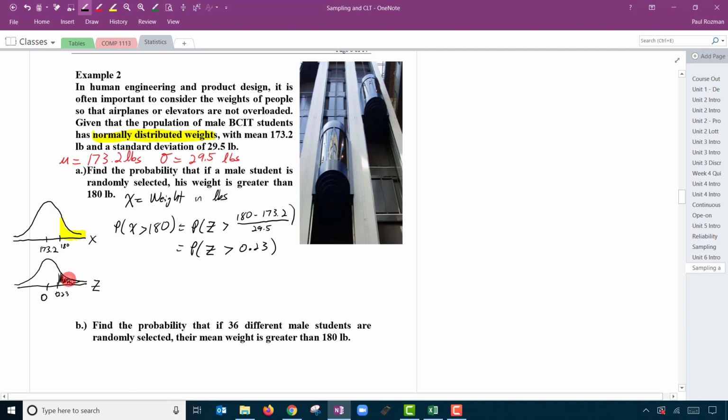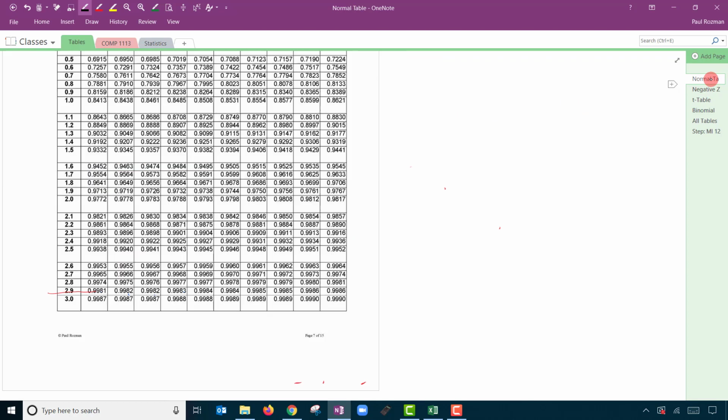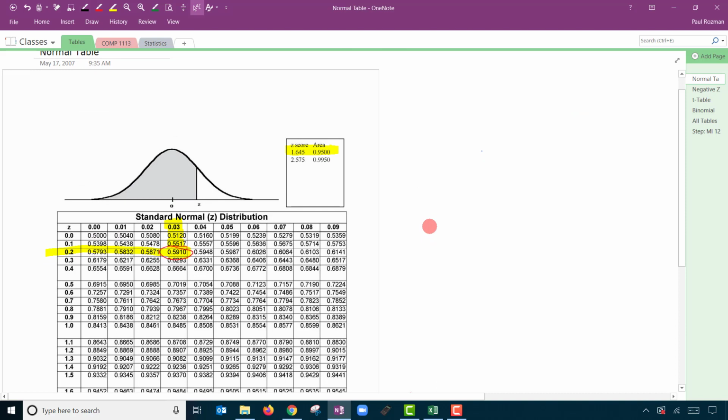So this area should equal the area that's up above. Remember, the z table didn't work to the right. So use the complement here. Look up 0.23 in your Z table. Let's see if I have a Z table. Oh, look at that. I already have 0.23 highlighted. Cool. So the probability of being to the left of 0.23 is 0.5910.